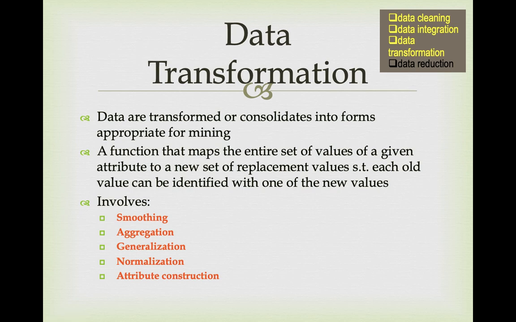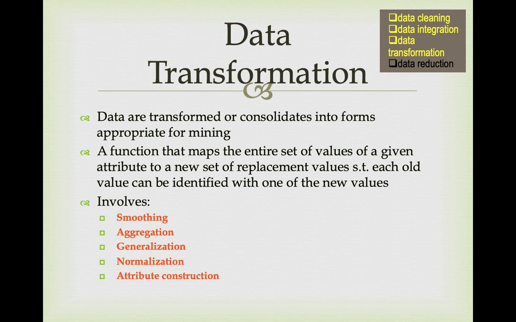Data transformation. Data are transformed or consolidated into forms appropriate for mining. It is a function that maps the entire set of values of a given attribute to a new set of replacement values, so each old value can be identified with one of the new values.